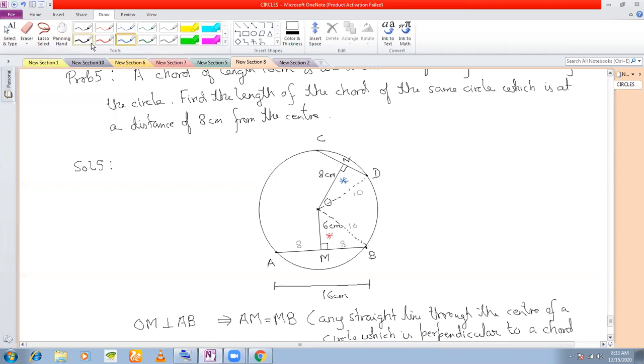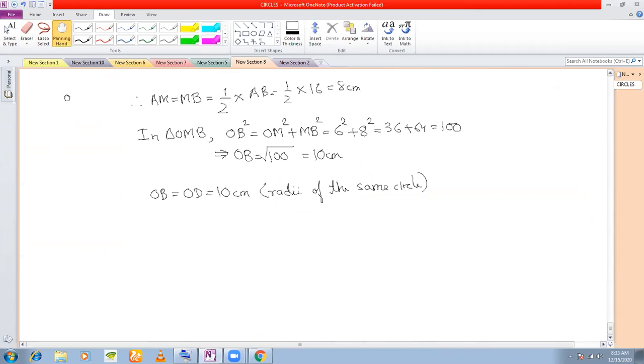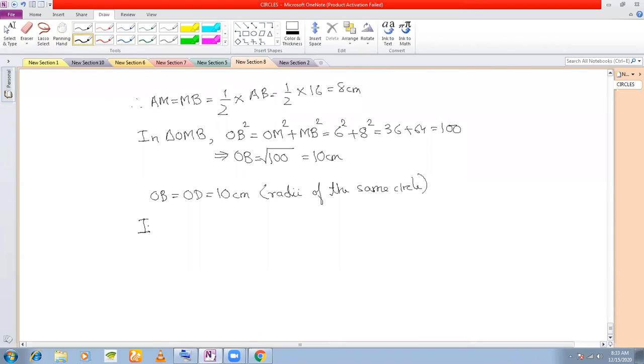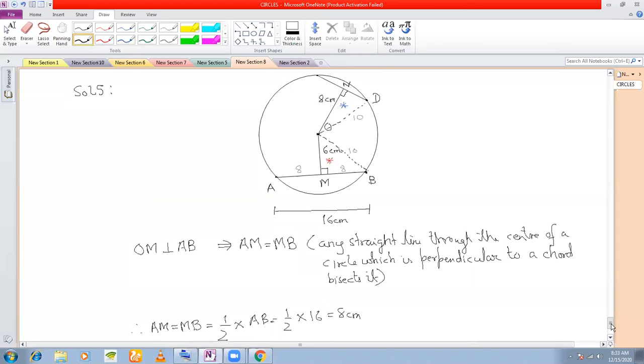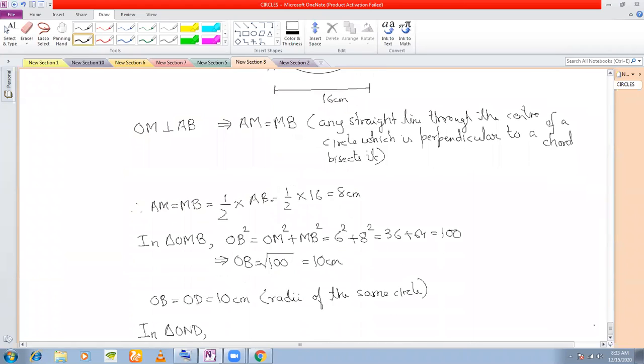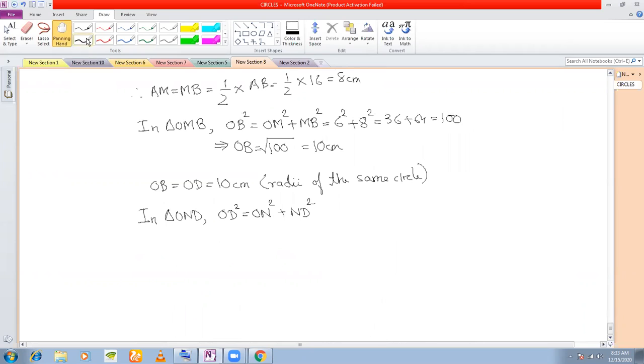So in triangle OND, you have OD square is equal to ON square plus ND square. Now you put the values. What values do you know? You know OD is 10 centimeters, and you know ON is 8 centimeters.